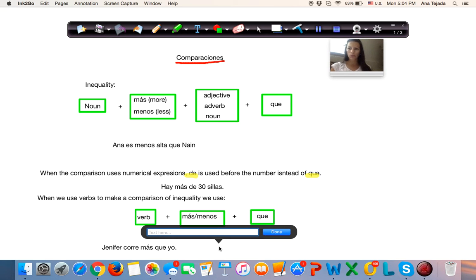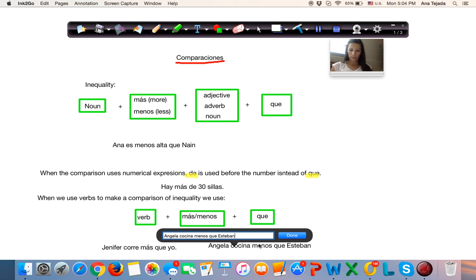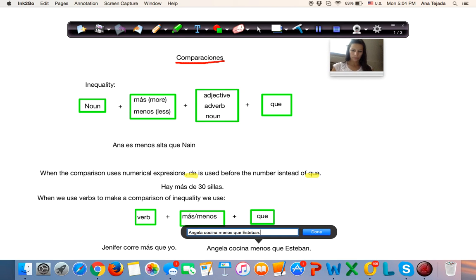Another example would be: Ángela cocina menos que Esteban. Look at the difference one more time.